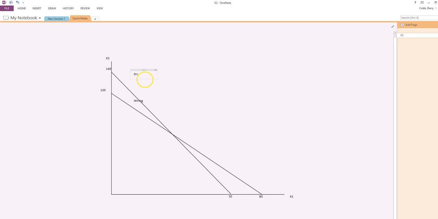This constraint will be the drilling constraint. Both of these constraints are less than or equal to constraints. The region that holds the combinations of x1 and x2 that satisfy both constraints lies below both of the constraints. It's called the feasible region.